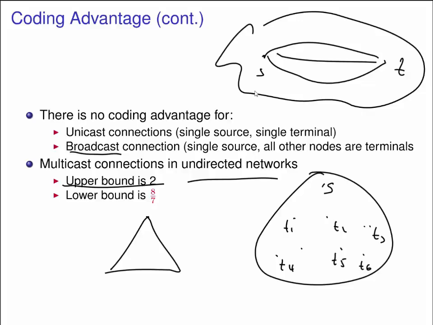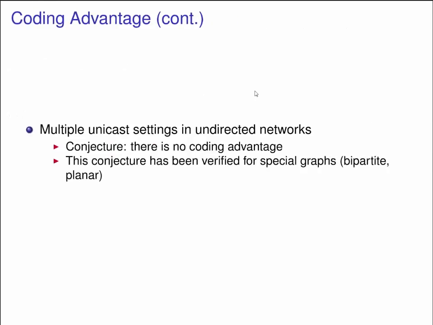Which is different, right? It's much lower than what we can achieve in directed networks. And for the lower bound, we can show examples of networks for which network coding has an advantage. We only have 8/7. So it's different again from directed networks.